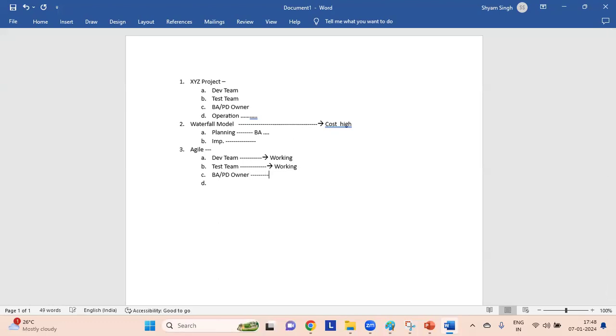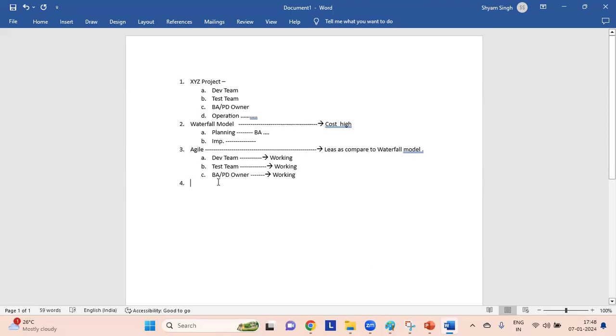So that is what they are working on. Due to that reason, the cost of the agile model is less as compared to the waterfall model. I am just comparing the cost, because as stakeholders, as senior managers, we are most bothered about the cost.